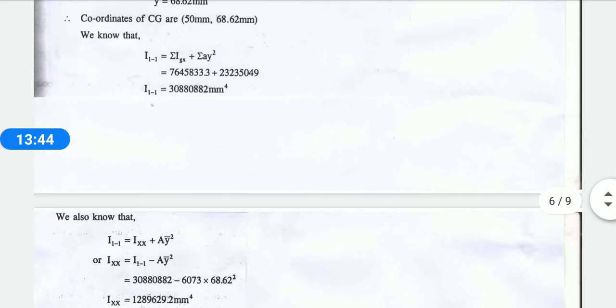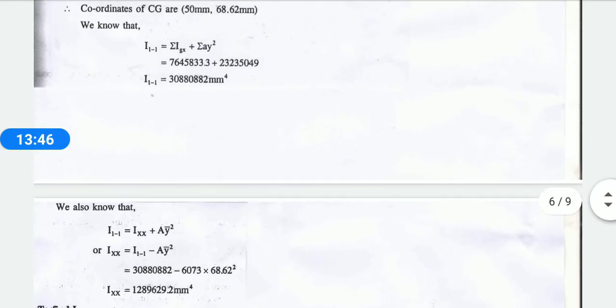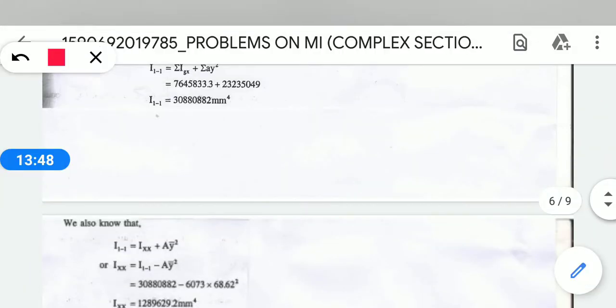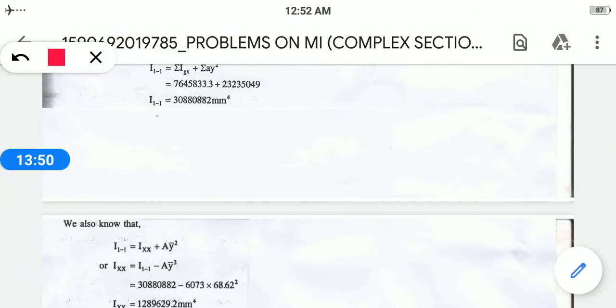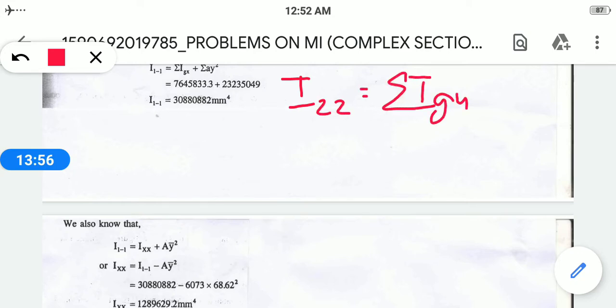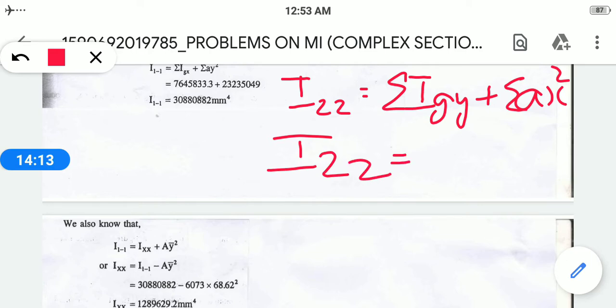The other method also you can do in the same way, like in a table adopt the value of I of gy. So I of 2 2 will be equal to summation of I of gy plus summation of a x square. So when you are doing the table method, do the values for ax square and I of gy also, so that after finding you can easily find your I of 2 2 value.